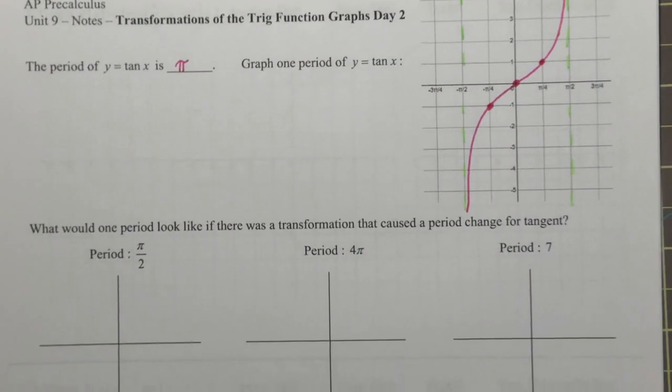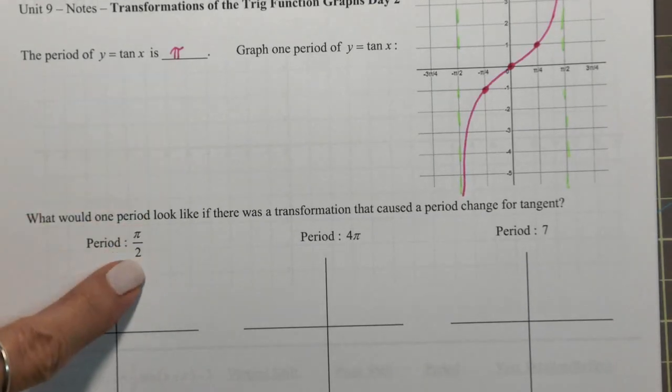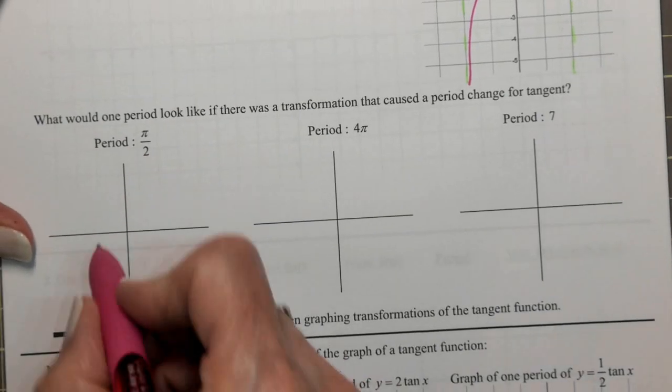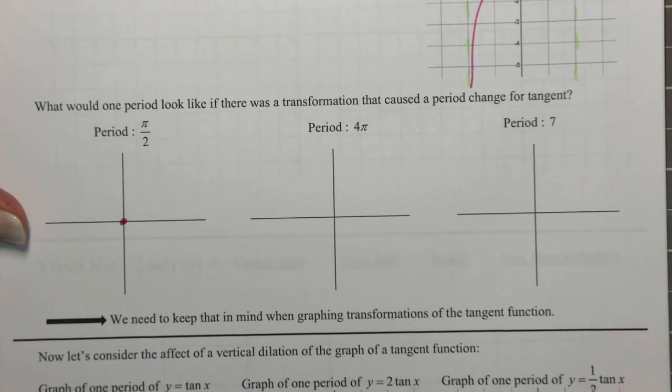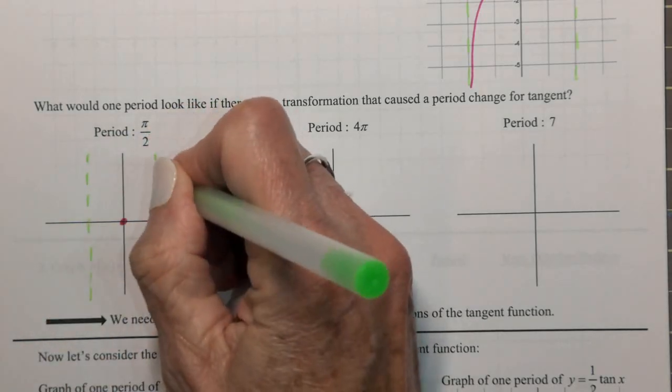So what would it look like if, instead of the period being pi, the period was pi over 2? It would still go through the origin, right? And we would still have asymptotes on either side.